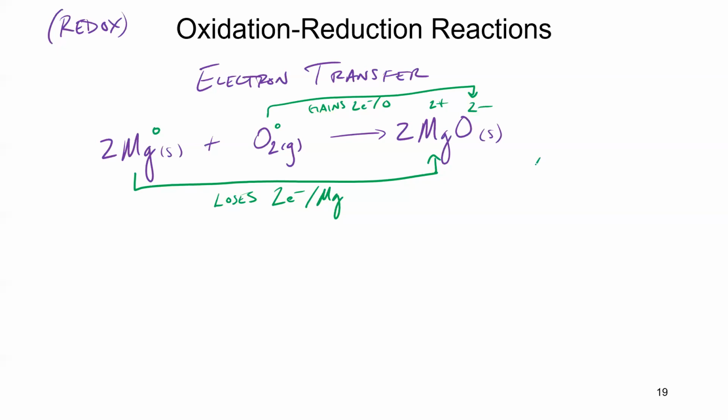So this is a 4 electron reaction. We have 4 electrons going from magnesium atoms to oxygen atoms.